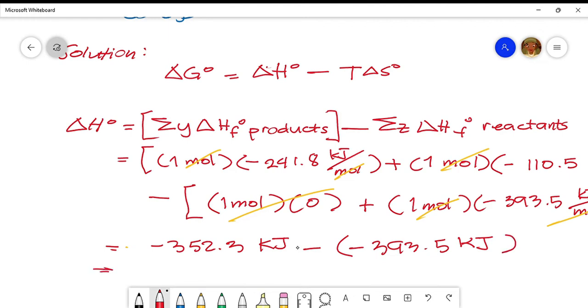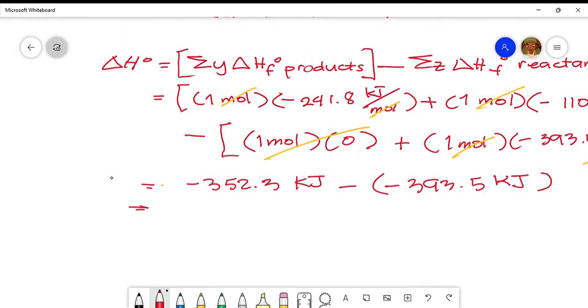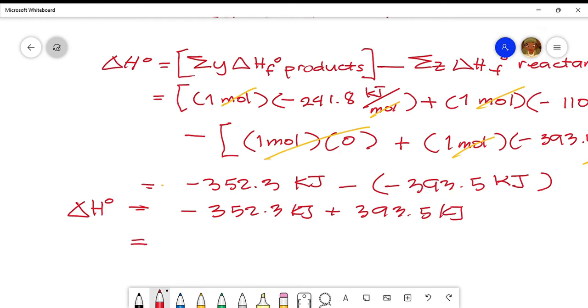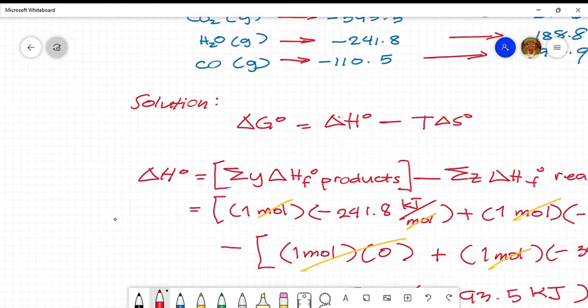So this is negative 352.3 kilojoule plus 393.5 kilojoule. Sometimes I get wrong answers. So this one is 41.2 kilojoule. This is our standard enthalpy change for the reaction. So this is step 1.